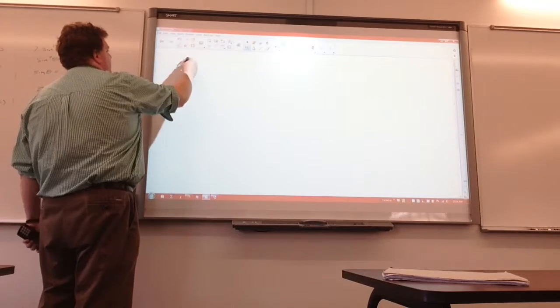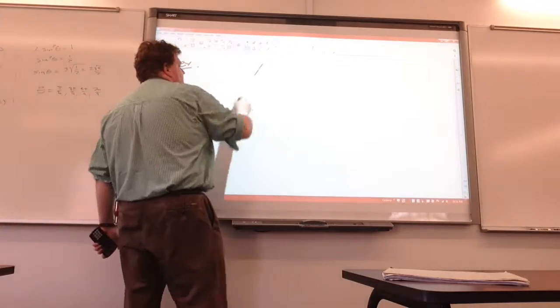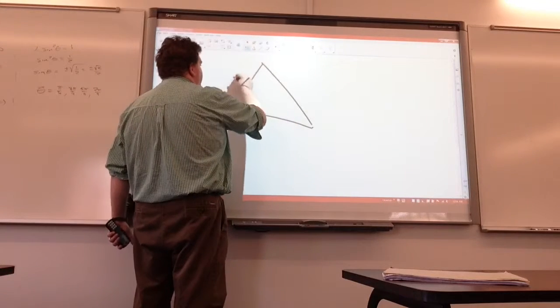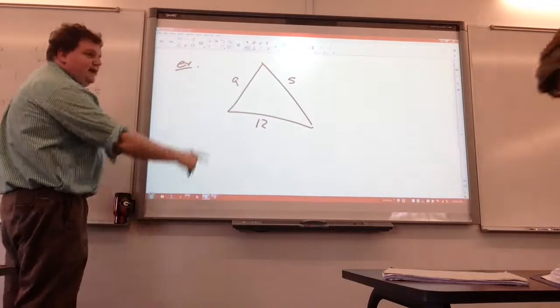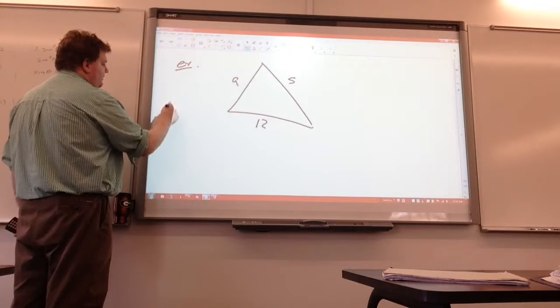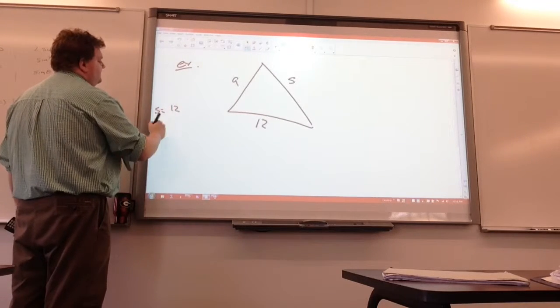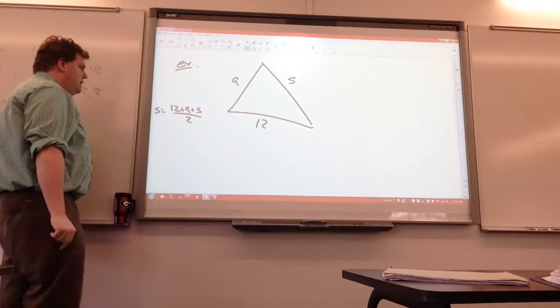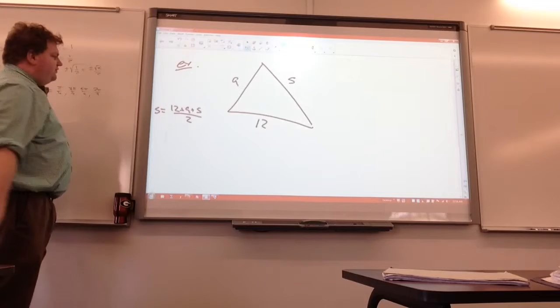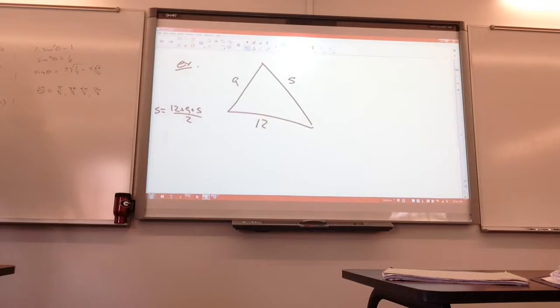So let's do another example of this. The one I had done earlier, 9, 5, and 12. We wanted the area of this triangle. S is equal to 12 plus 9 plus 5 over 2. That's 14 plus 12, so 26 over 2, that's 13.